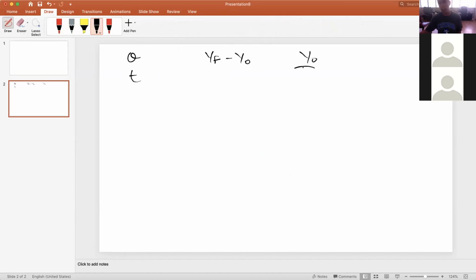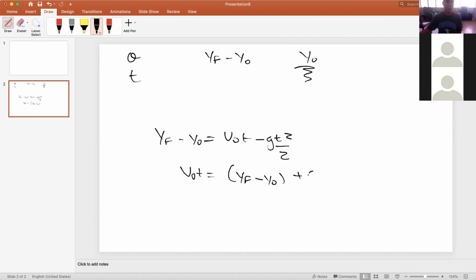What I would do is use y final minus y initial is v naught t minus gt squared over 2. Solve this for v naught. So v naught is y final minus y initial plus gt squared over 2, and divide through by t. You know y final is 0, y initial is whatever they gave you, g is 9.81, t is 5.6 or whatever they gave you. And then use v final is equal to v initial minus gt to get v final.